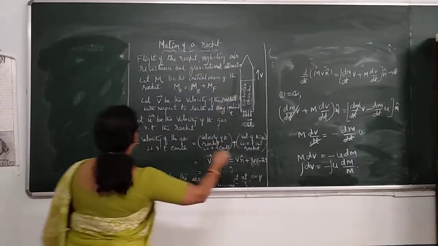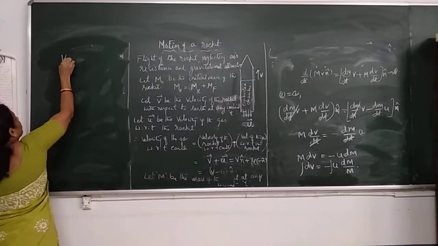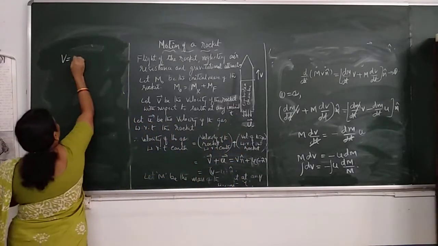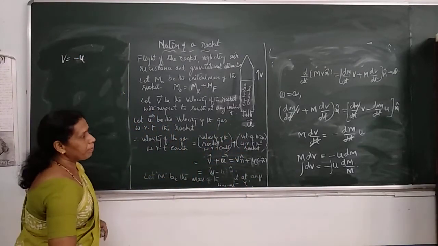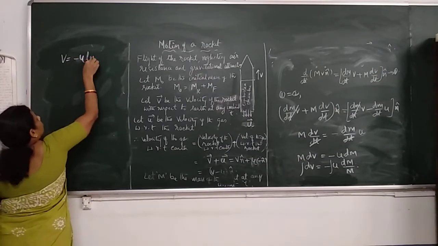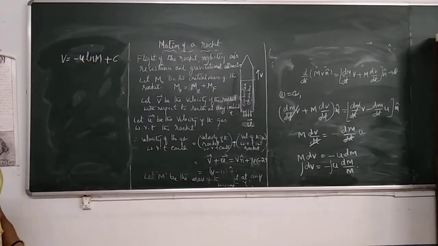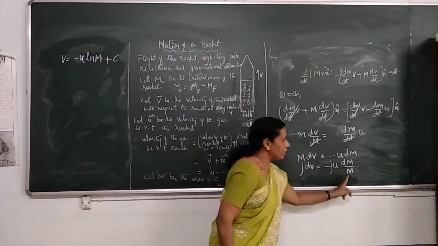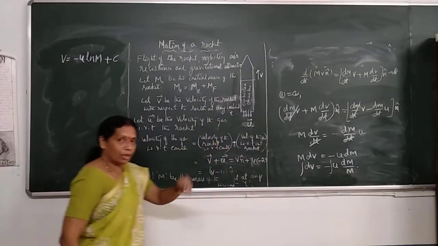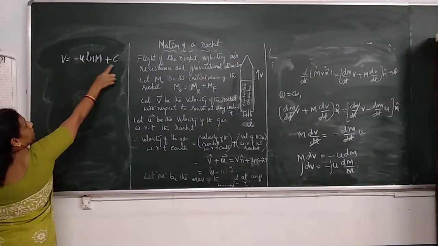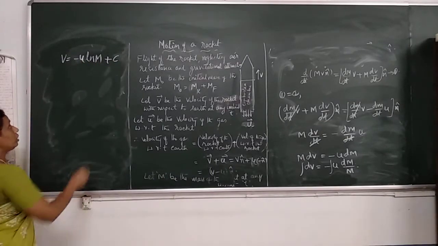The left hand side is v, and on the right hand side, minus u, a constant, times the integration of dm by m, which is ln m, log with base e, the Neperian base, plus a constant of integration. So v equals minus u ln m plus c, where c is the constant of integration.